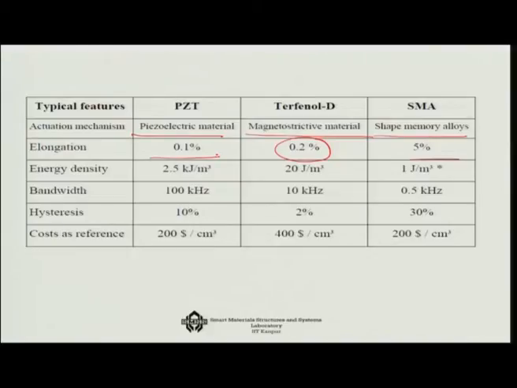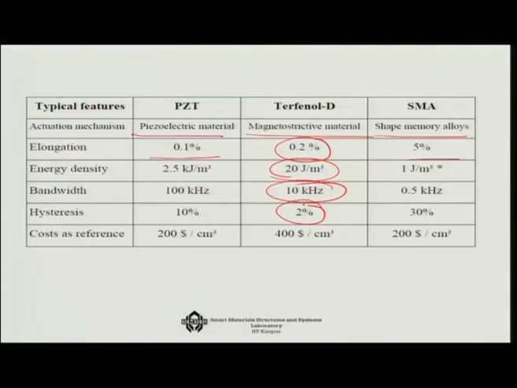The energy density it shows is around 20 joule per meter cube, which is quite high. In terms of bandwidth, once again it is in the middle: 100 kilohertz for piezoelectric material, 0.5 kilohertz for shape memory alloy, and about 10 kilohertz for this one, and the hysteresis is about 2%.